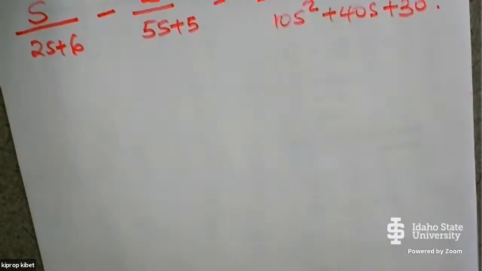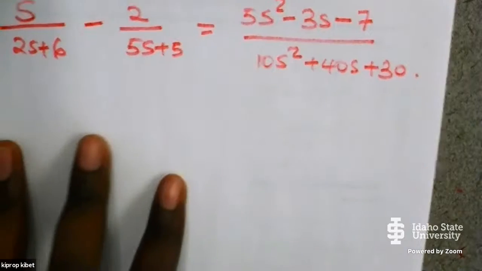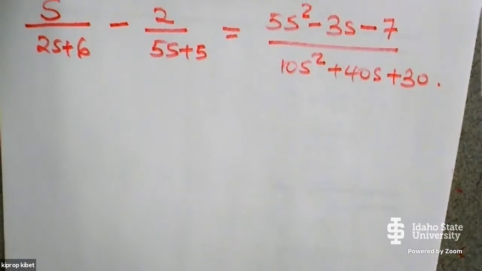Okay, so how do we solve this now? Solve s all over that. So what did we say? We need to remove all these denominators here. We need to make all the denominators equal to 1. So what is our LCM here?